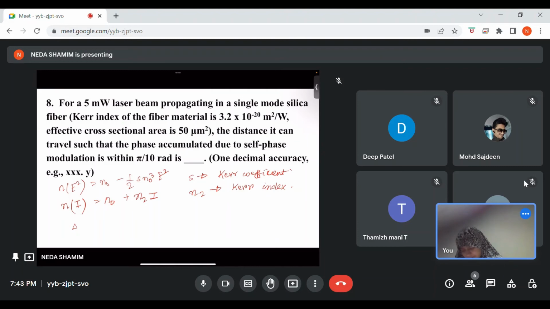So delta is equal to 2 pi by lambda times N2 times P by A times L, where P is the power of your laser beam, A is the effective area of cross section, and L is the length of the fiber, the distance traveled by your laser beam.